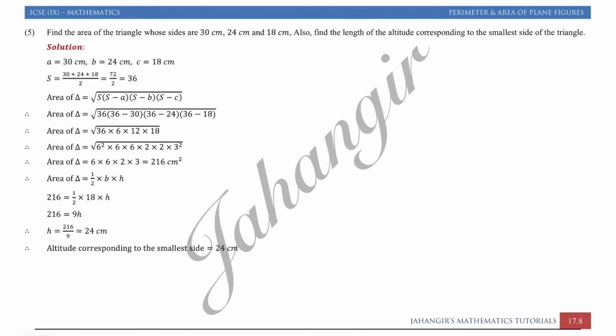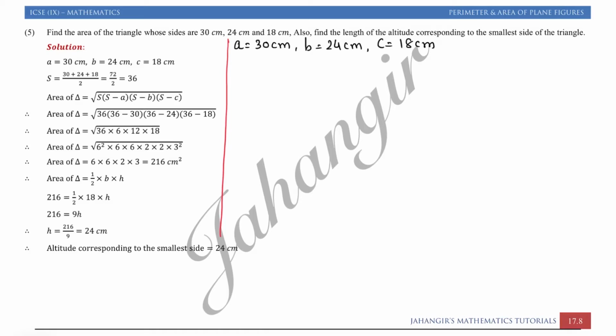Question 5. Again the same pattern question. Find the area of the triangle whose sides are 30 centimeter, 24 centimeter and 18 centimeter respectively. So A is equal to 30 centimeter, B is equal to 24 centimeter, C is equal to 18 centimeter.